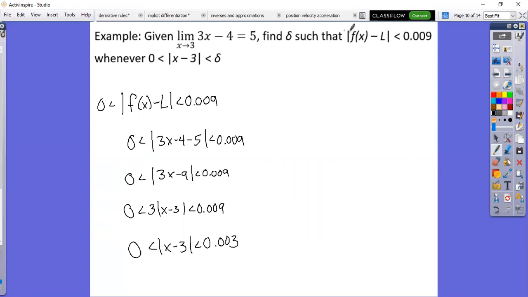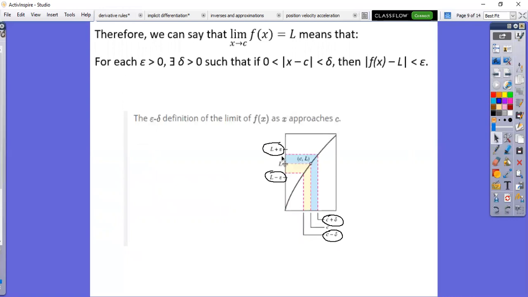I've now established that 0 is less than the absolute value of x minus 3, which is less than 0.003, which means that delta, in this case, would be equal to 0.003. In other words, if I want my function to be within 0.009 units of the limit, then I need my x value to be within 0.003 units of c.